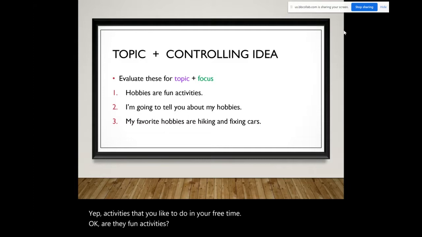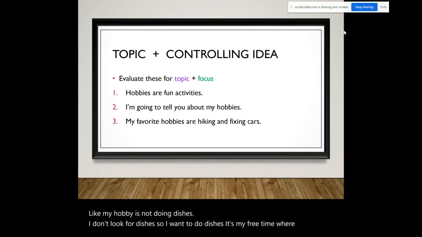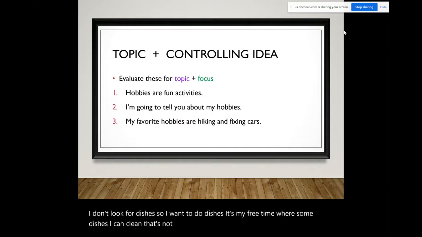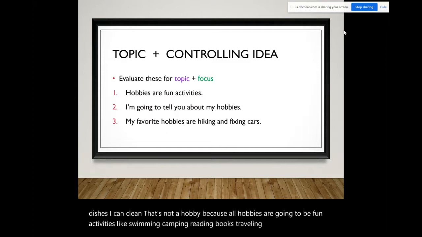Yes, because you're not going to have a hobby if it's not fun. Like my hobby is not doing dishes. I don't look for dishes. Oh, I want to do dishes. It's my free time. Where's some dishes I can clean? That's not a hobby because all hobbies are going to be fun activities like swimming, camping, reading books, traveling, right? Those are examples of hobbies.